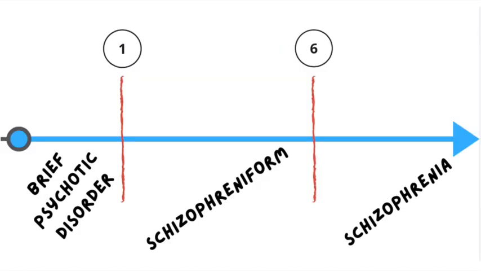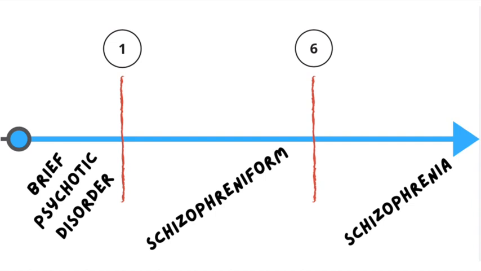Here is a timeline of some psychotic disorders patients can experience. If a patient experiences psychotic symptoms at less than 1 month, then this patient may have brief psychotic disorder. However, if a patient has a psychotic disorder for more than 1 month, but less than 6 months, then this is schizophreniform.